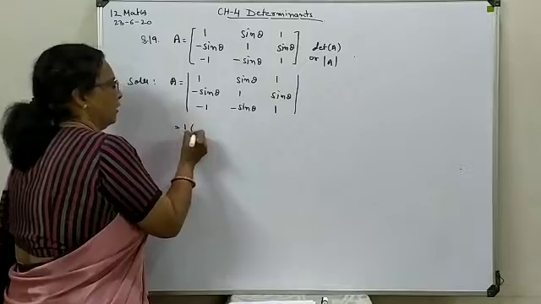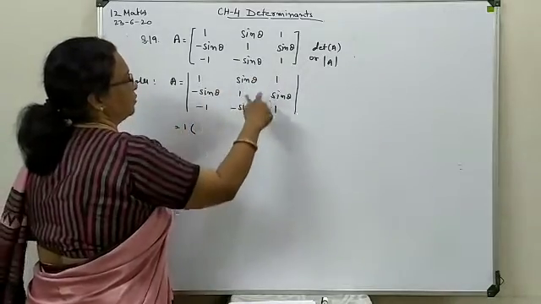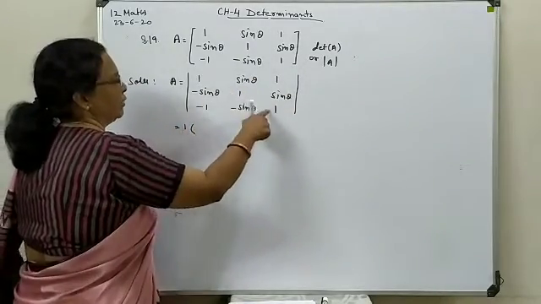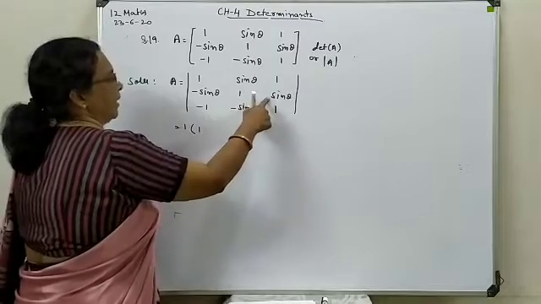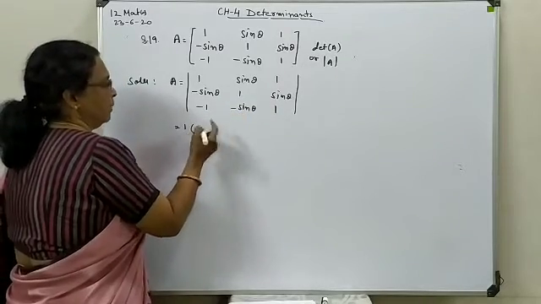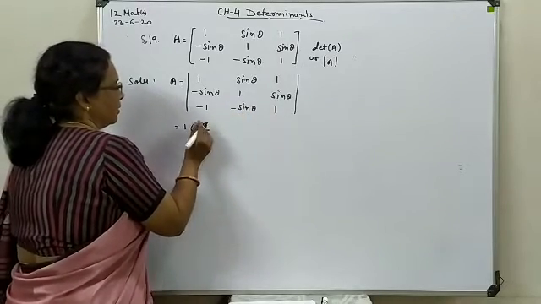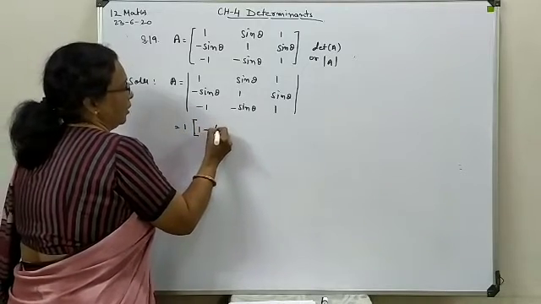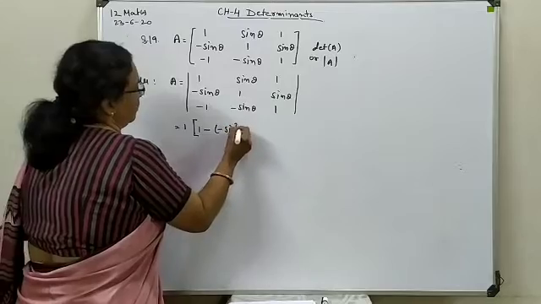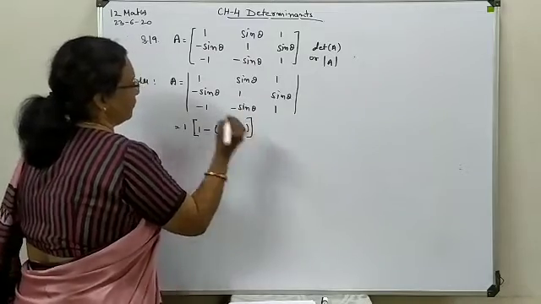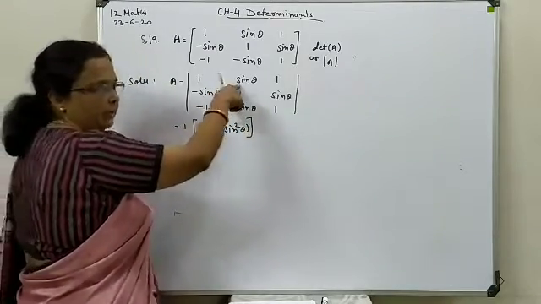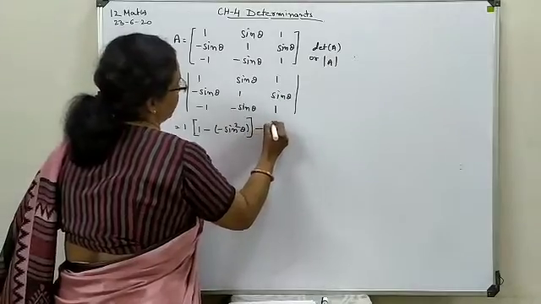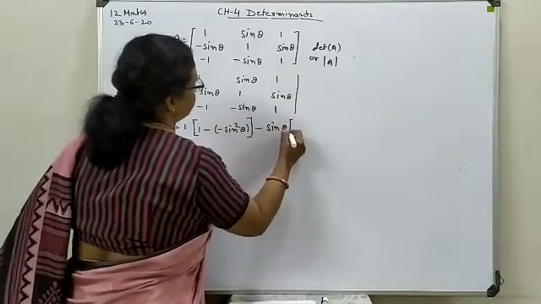So this is your 1. With respect to this first row, this minor will come out. So 1 into 1, 1 into sin theta minus sin theta, but in between minus is compulsory. So this is your minus sin square theta. Next to that come to the middle one. So it will follow your negative sign, minus sine of theta.